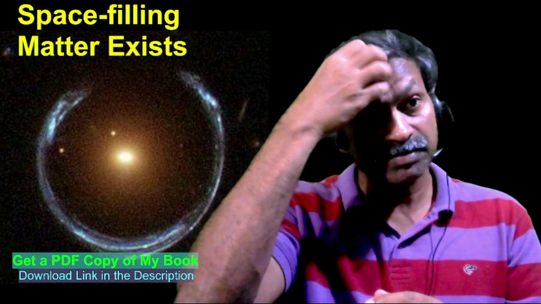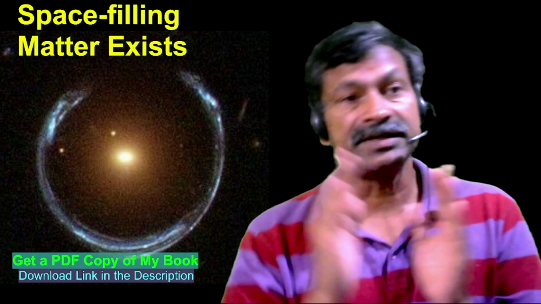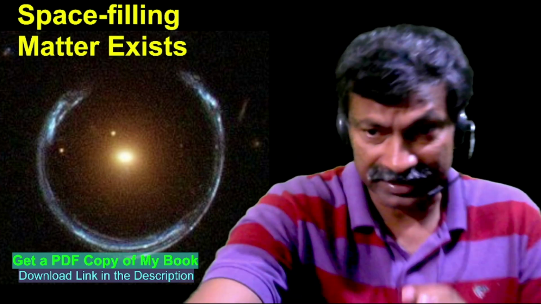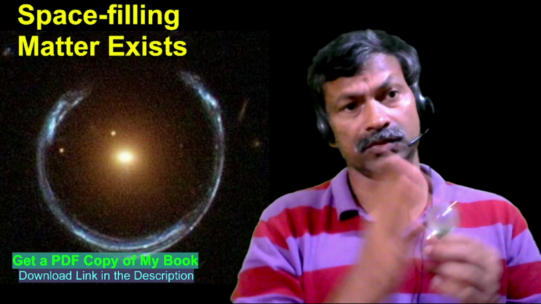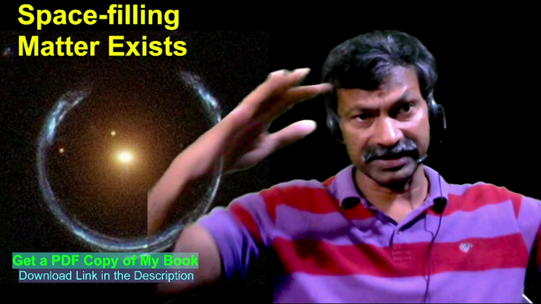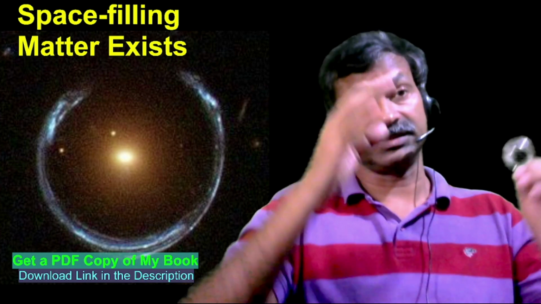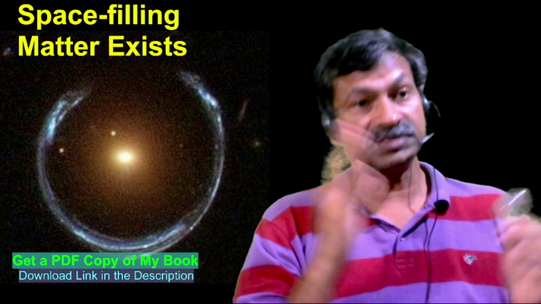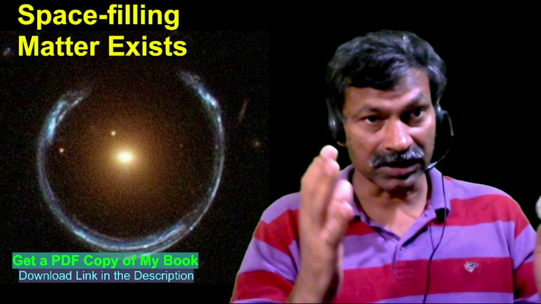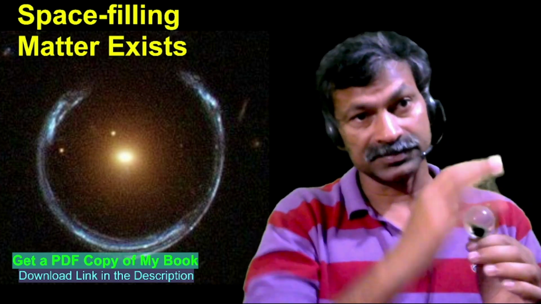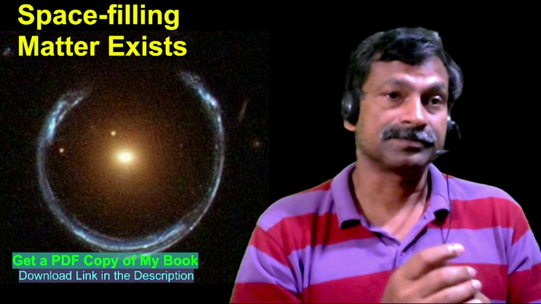So, if you apply this principle, when light passes near a massive body, for example, a star or a black hole or a large scale structure in a galaxy, because of this dense region surrounding this massive object, the light speed will change according to the density of the surrounding medium, and it will get refracted and bent.